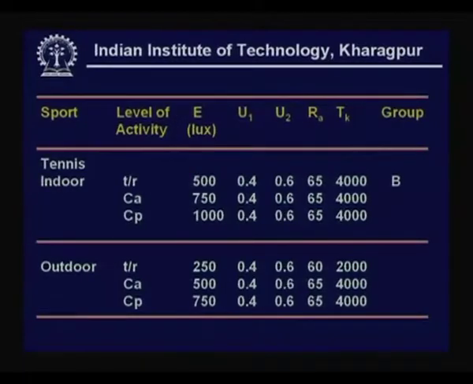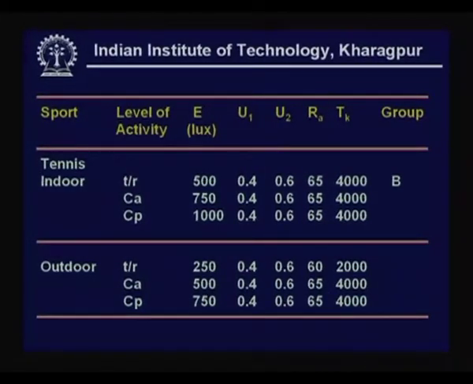Now, tennis, which is again categorized as indoor tennis and outdoor tennis, one could see the levels mentioned in this table. One finds that the levels for indoor tennis vary from 500 to 1000 lux. It's a group B game.